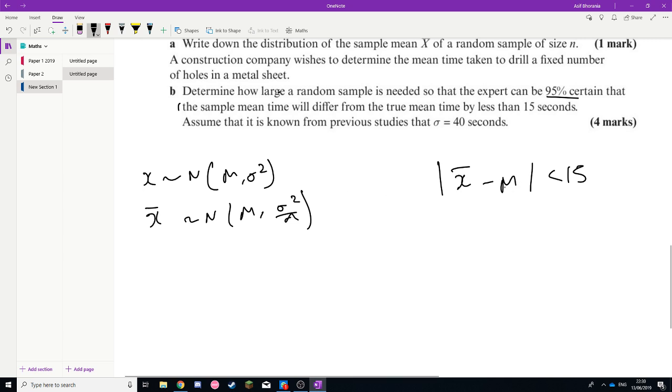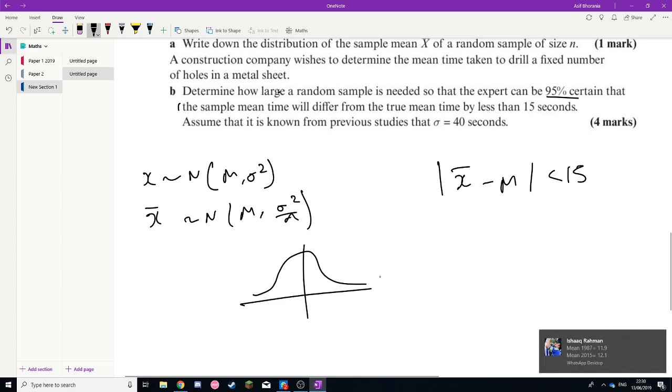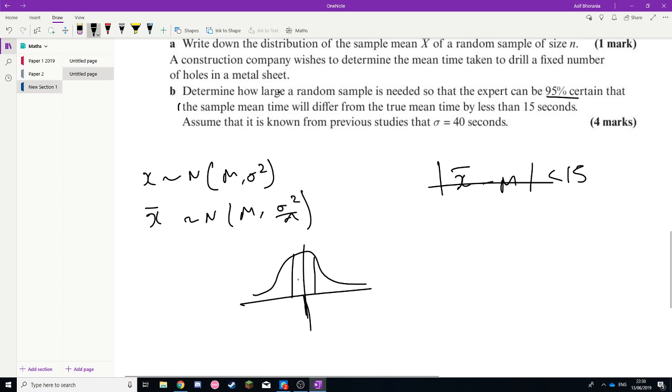Okay, cool. So now I'm gonna draw the graph of the sample mean. I can just imagine the mean being this origin line, and this is going to be plus or minus 15, and I need it to be so that this area is 0.95.